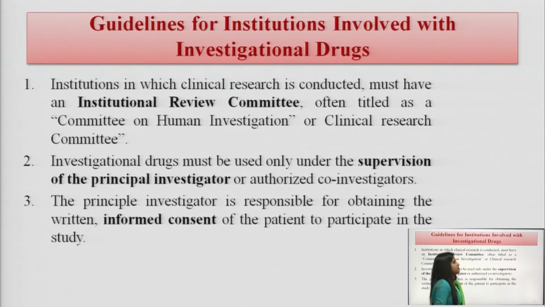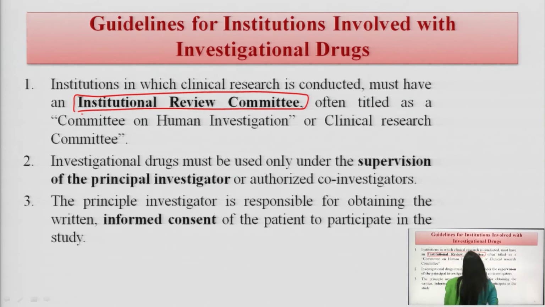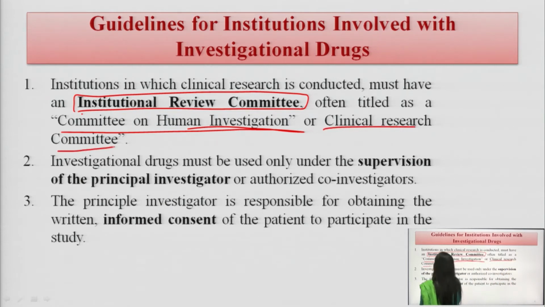Another is the guidelines for institutions involved with investigational drugs. What are the guidelines? What should an institution have? An institution performing studies on clinical or investigational drugs should have a committee called the Institutional Review Committee. It is also named the Committee on Human Investigation. Another name is the Clinical Research Committee.